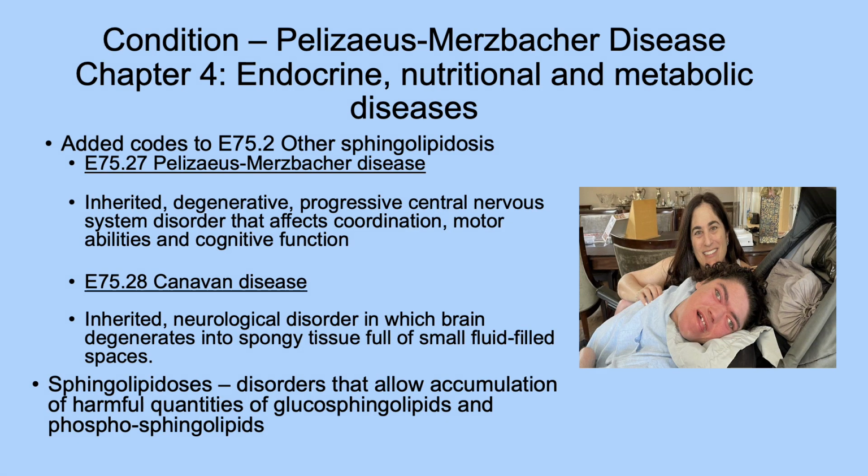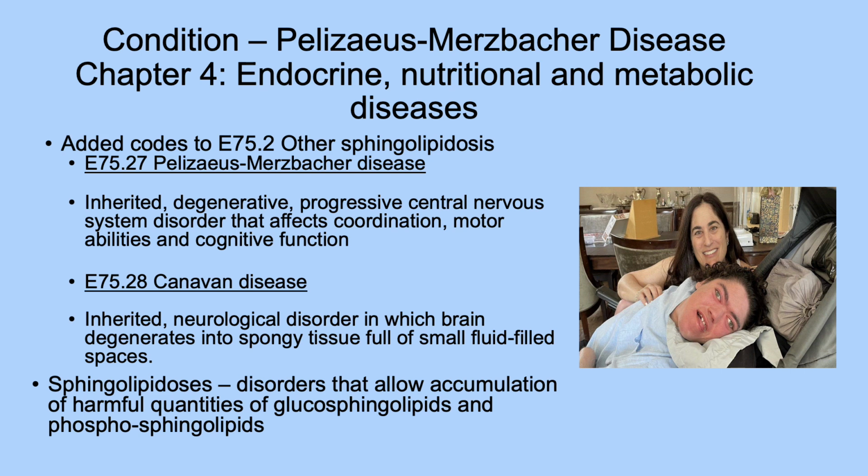So other codes were added to E75.2, other sphingolipidosis. For example, we have Pelizaeus-Merzbacher disease. This is an inherited, degenerative, progressive central nervous system disorder that affects coordination, motor abilities, and cognitive function. We also have a new condition, Canavan disease, also an inherited neurological disorder.